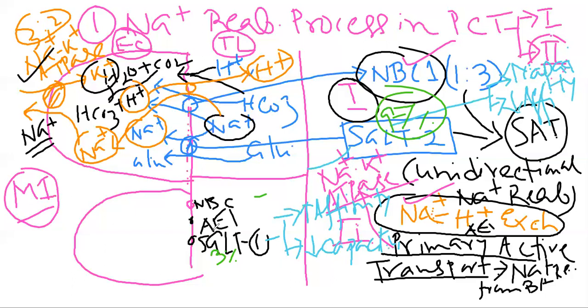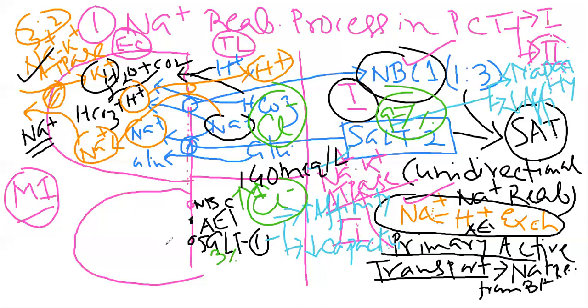Now, another thing we need to understand is that in the filtered load, not only sodium, bicarbonate, hydrogen ion, glucose and amino acids are present, but also chloride ion. But this chloride ion will not be reabsorbed in part 1 of the PCT. So all the chloride ion eventually comes into part 2 of the PCT, and the concentration of the chloride ion will be high, almost how much? Around 140 milliequivalent per liter.